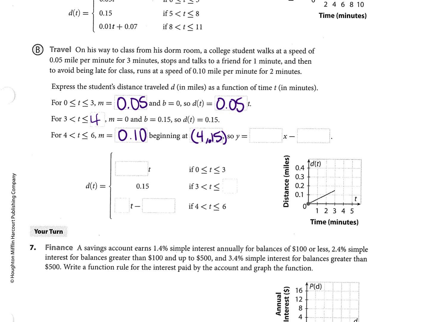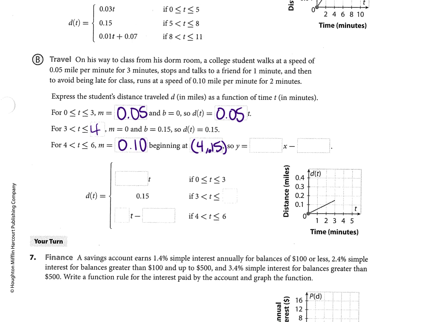So y equals, and we have to figure out what this is in point slope form. So we're going to use that same y minus y1 equals m times x minus x1, which is 4. And then we will distribute. So we have y minus 0.15 equals 0.1x.